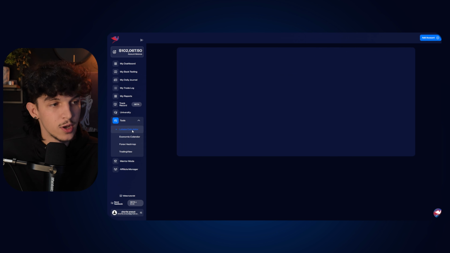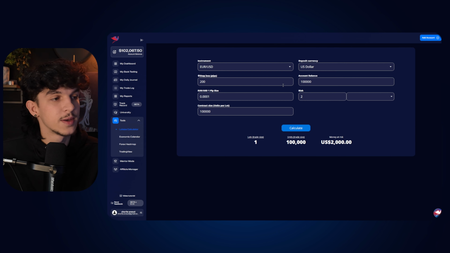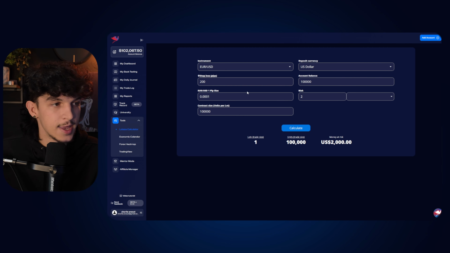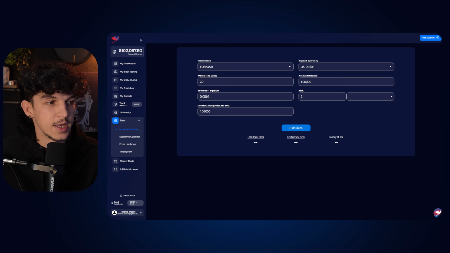Here we have our tools section. So this is going to be your lot size calculator. For example, if you are worrying about what lot size to use, or maybe you don't know what stop to use or TP, sometimes lot size can be quite difficult to understand. So for example, if we have a stop loss of 20 pips, we can leave this here because it does it for us.